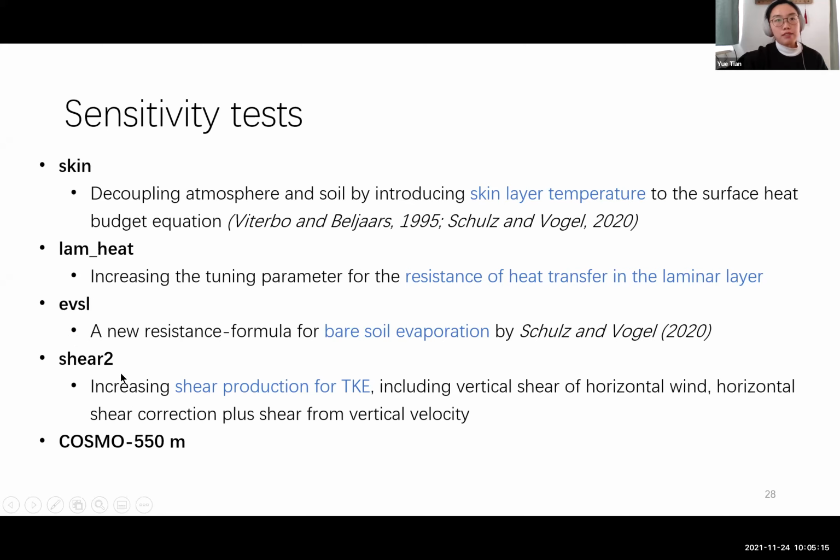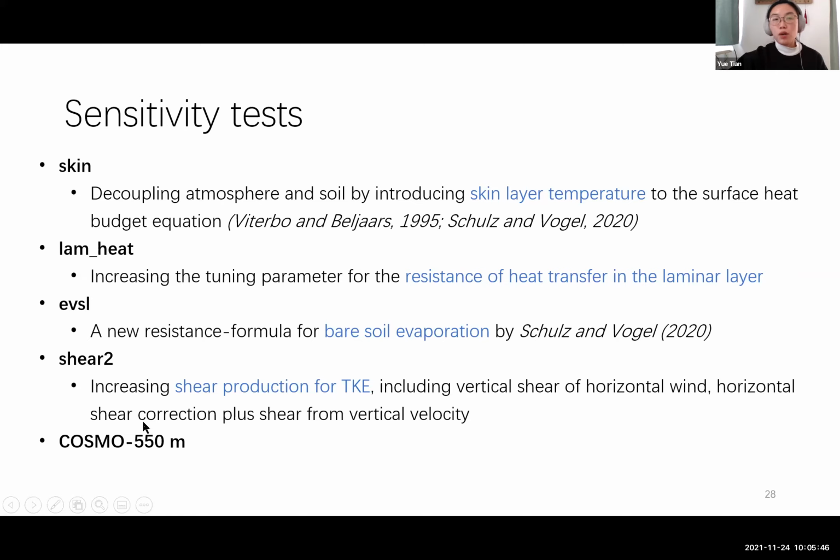And the fourth one: the TKE scheme used in COSMO is a 1D model only considering the vertical production. Now we are trying to include the shear production, both horizontal and vertical, in the TKE prognostic equation.